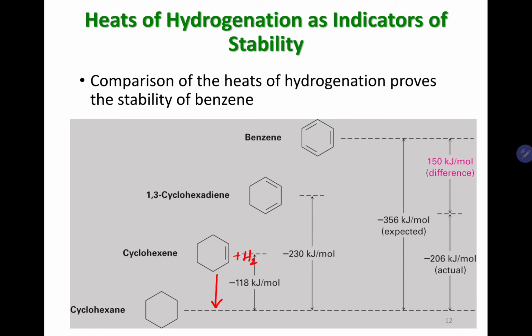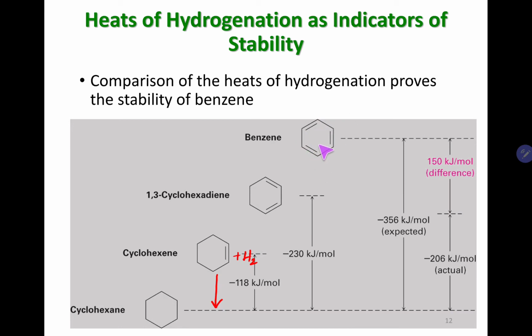If you have more double bonds, like 1,3-cyclohexadiene, it has two double bonds. So the heat it releases during hydrogenation is more, because this diene is more unstable as compared to cyclohexene. Technically, we expect benzene to be even more unstable.